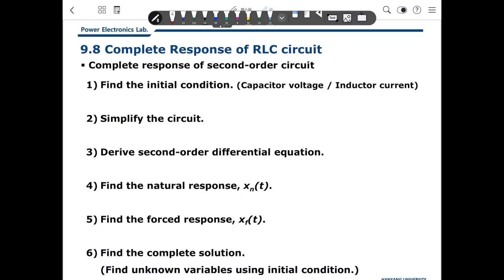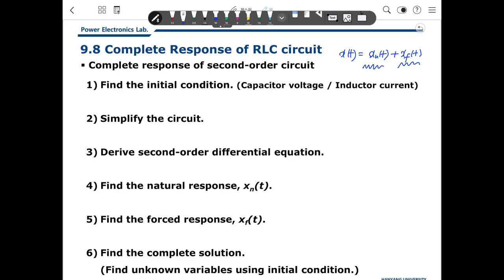So until now, we get the solution of complete x(t) is xn(t) plus xf(t). We learn how to get the xn(t) and also how to get the xf(t) in the second order differential equation based on the second order circuit in case of RLC circuit.